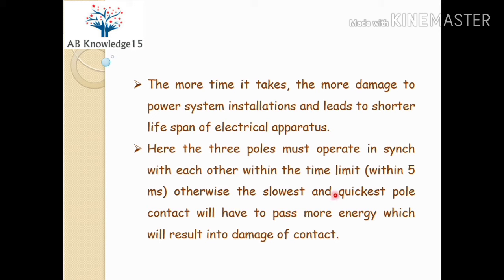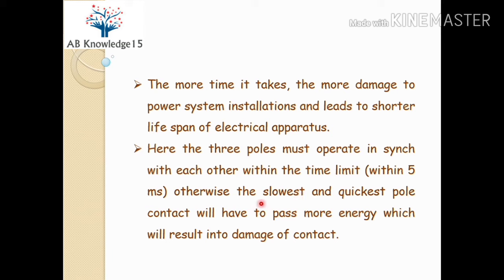If there is a discrepancy between the circuit breaker poles to operate, means first one and second pole has operated but the third pole is delayed in operating, or if any first pole has operated very fast and the second and third pole has operated delayed.